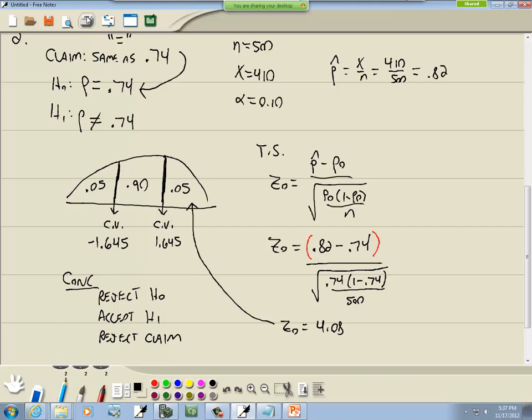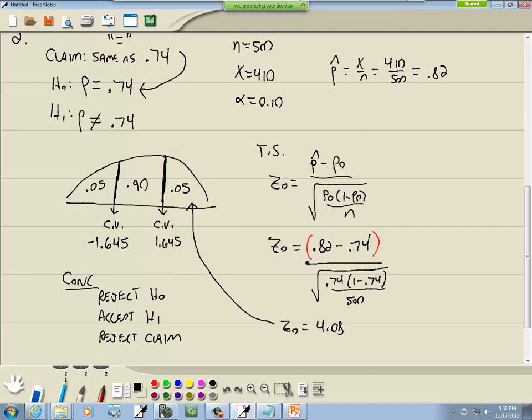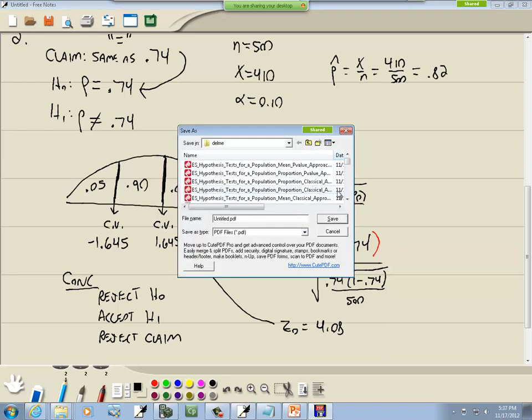Let me save this. Population proportion. Let's choose that one. Okay, hypothesis tests for a population proportion.